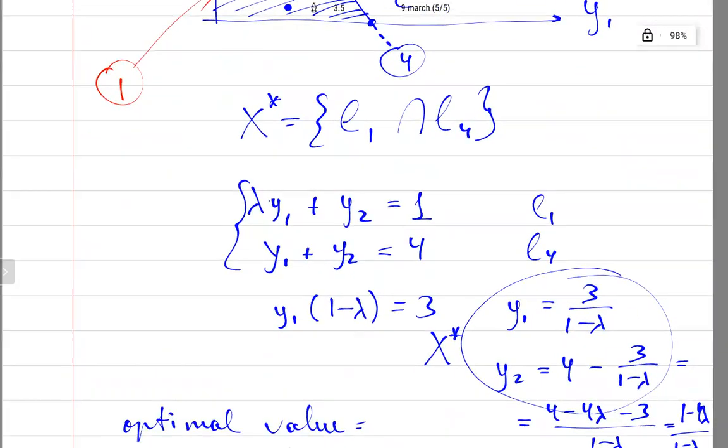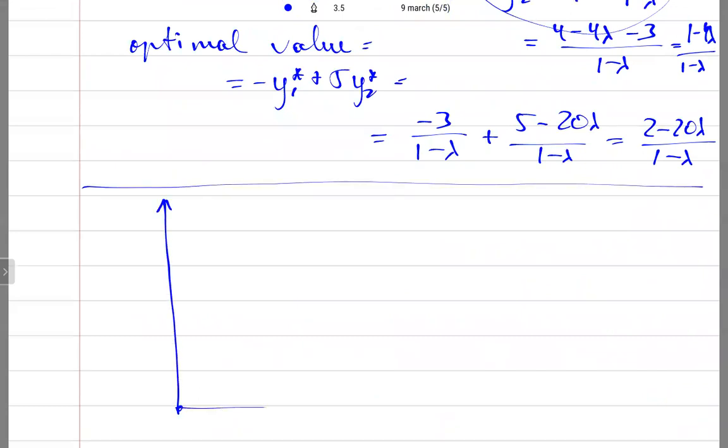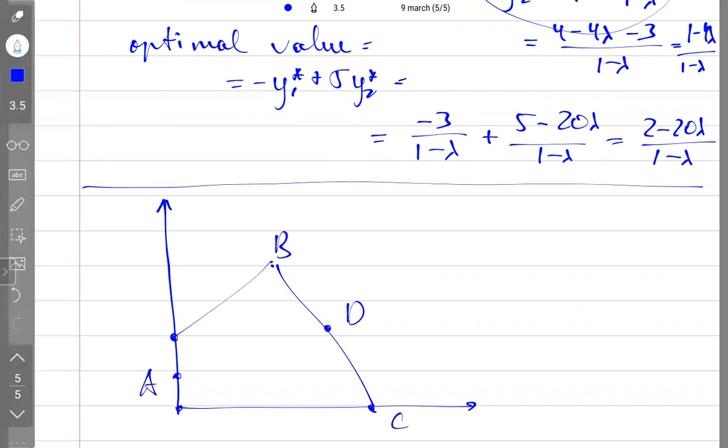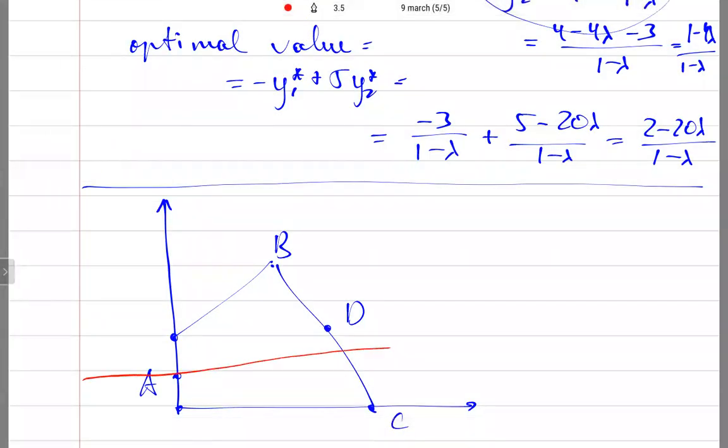And the last, I think, what we need to do: this is B, this is D, this is C, this is my A. If I have a line that goes with very, very, very small, even smaller than 1 over 5, so the region I'm allowed to be is that red quadrilateral.